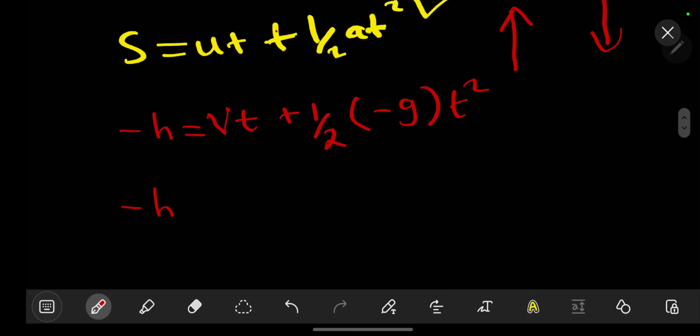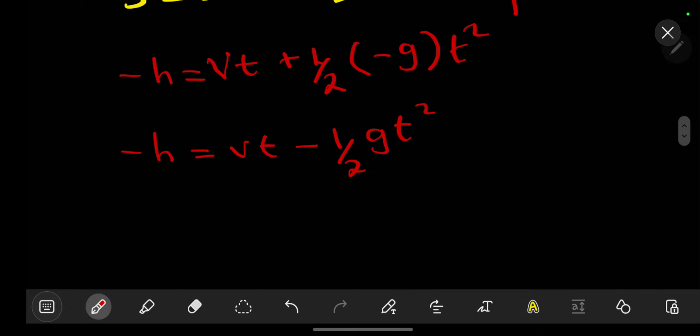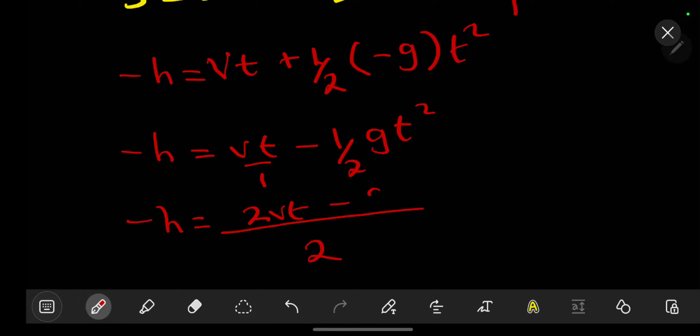From there we are going to have negative h equal to vt, then half times that gives us negative half of g, then our time squared. Then we can say our negative h should be equal to, let's take 2 as our common denominator, so 2vt, then 2 divided by 2 times 1, it will just be 2 over gt squared.